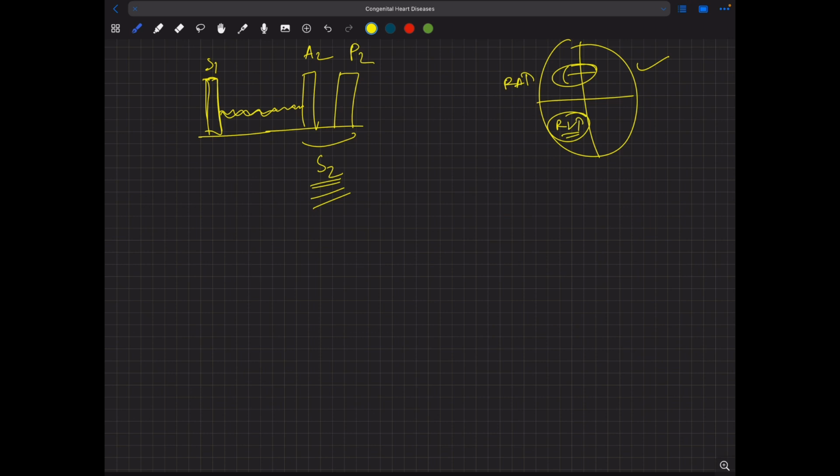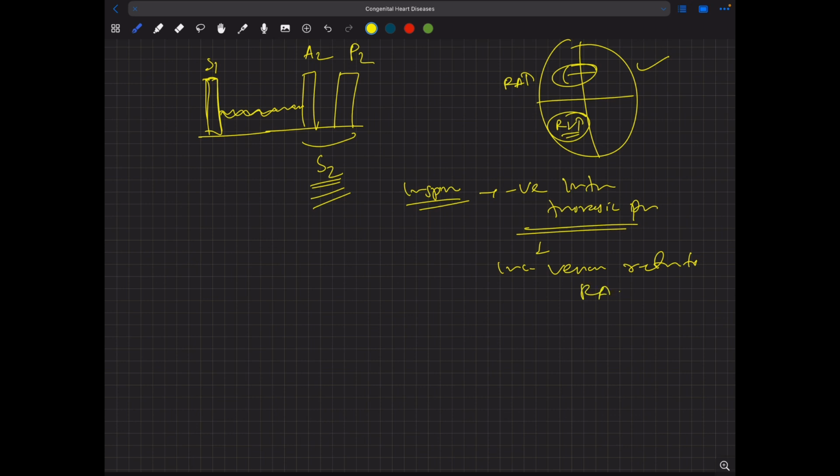Inspiration creates a negative intrathoracic pressure, so that will lead to increased venous return to the right heart, that is right atrium and right ventricle, and decreased venous return to the left heart, most commonly the left atrium.